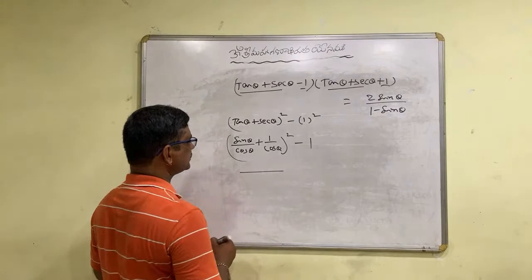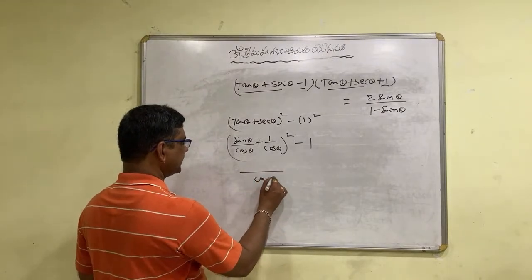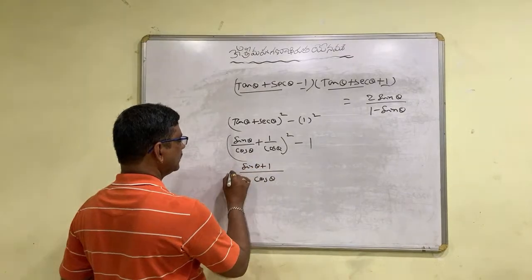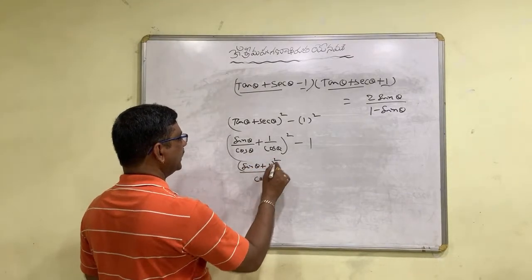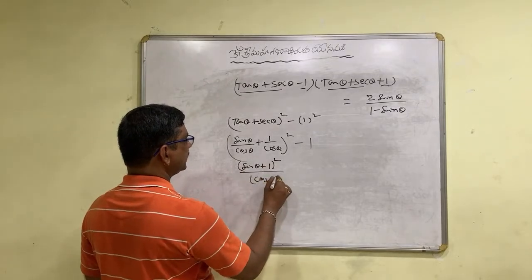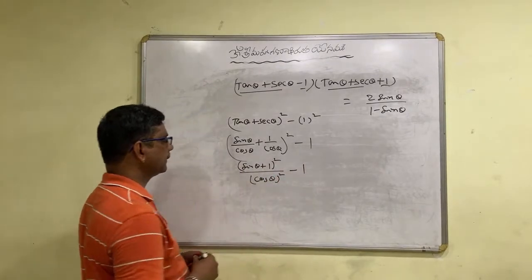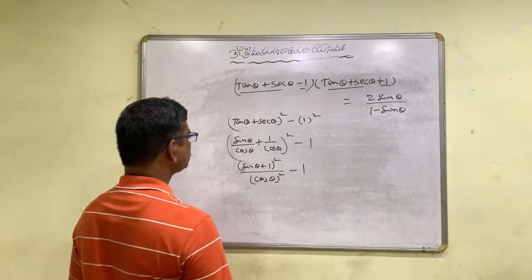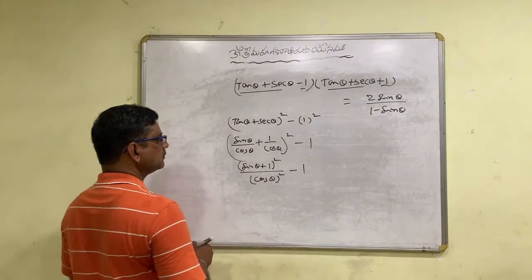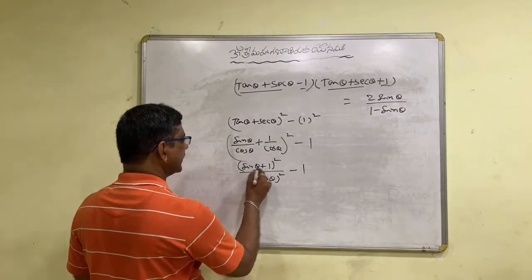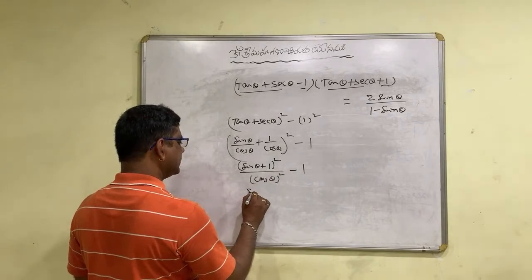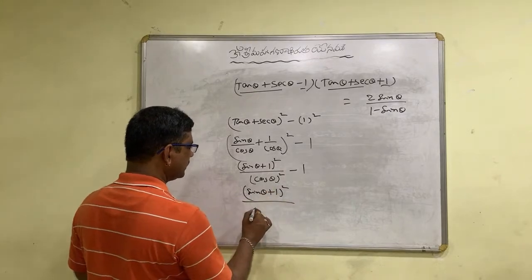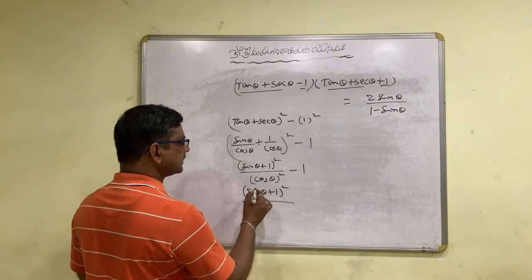So the result is, if I take cos theta LCM, (sin theta plus 1) whole square by cos theta whole square, minus 1. Now this is (sin theta plus 1) whole square, and cos theta whole square is nothing but cos square theta.